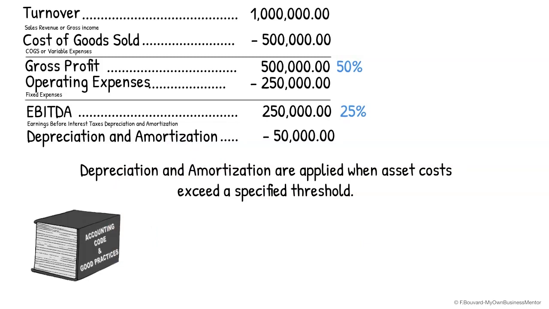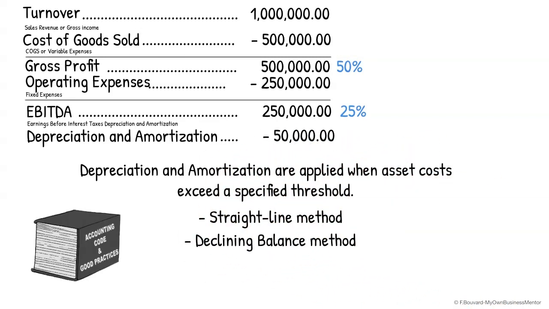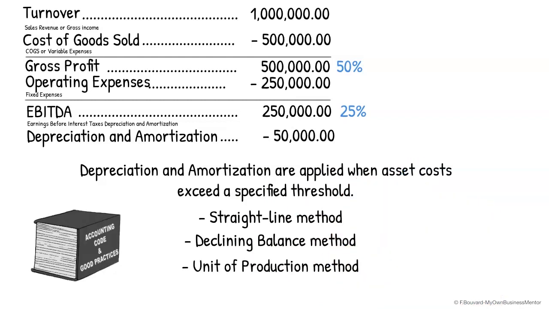Then companies can choose a depreciation or amortization method among the straight-line method, where the cost of the asset is divided evenly over its useful life. The declining balance method, where a higher depreciation or amortization cost is recorded in the early years of the asset's life, decreasing over time. The units of production method, based on the asset's usage, activity, or units of goods produced.